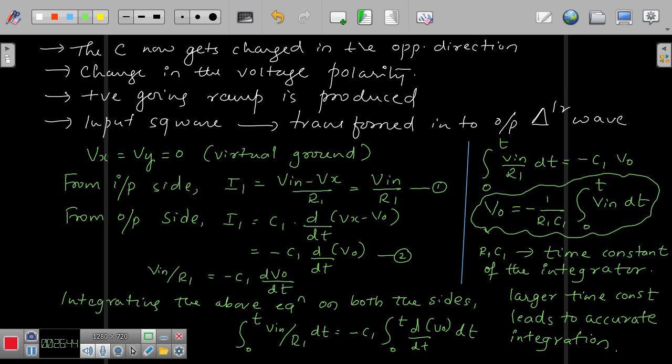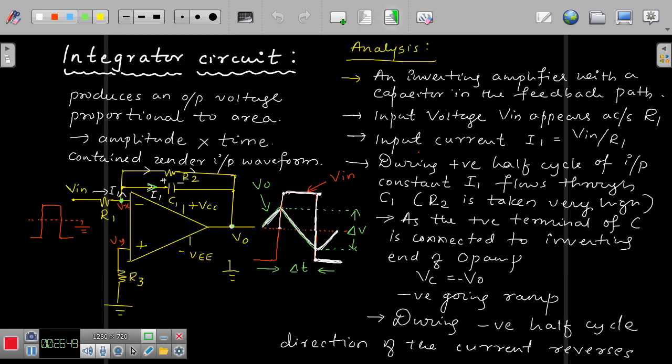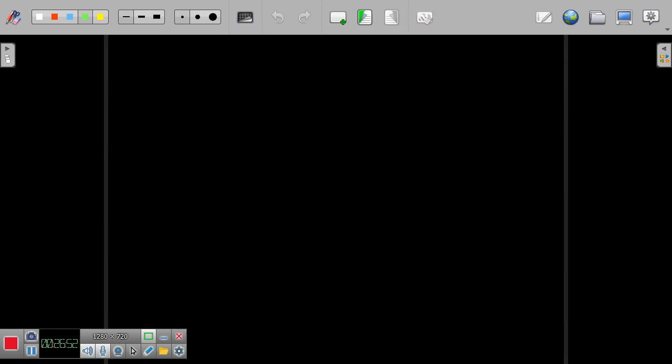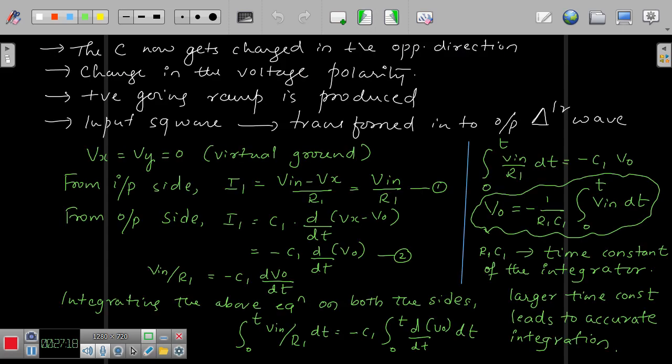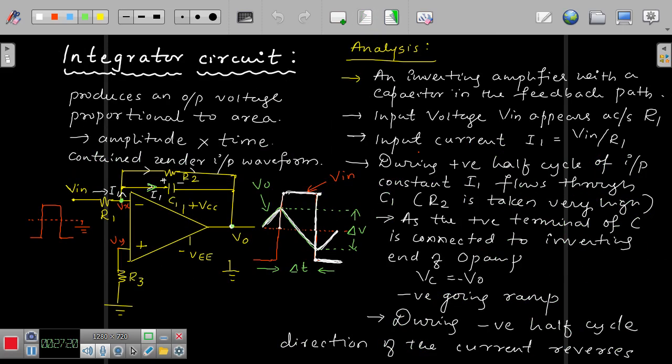Here there is one more point to be written. Let me see whether I have space here or not. If I don't have the space, I will write here. All of you please write down the peak amplitude of the output waveform depends on, now you go back here, see here the peak amplitude of the output waveform, this one.